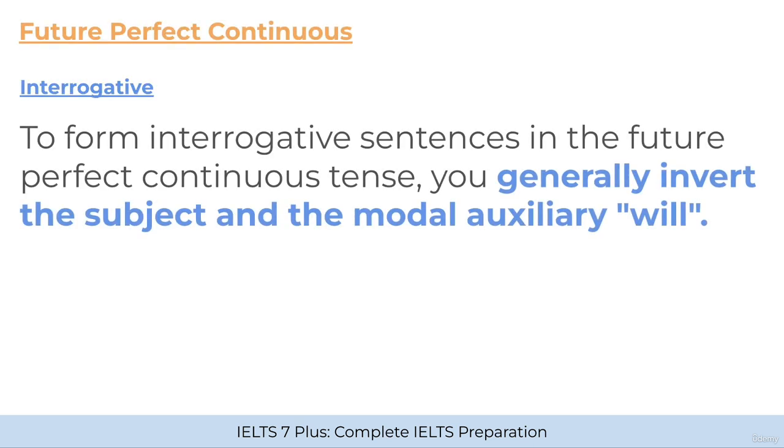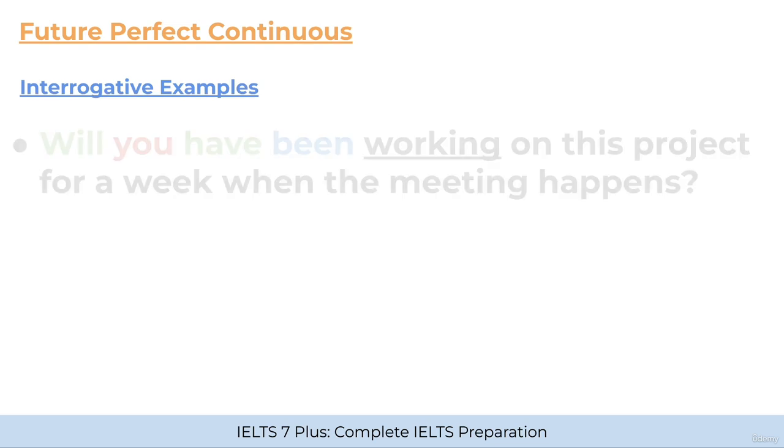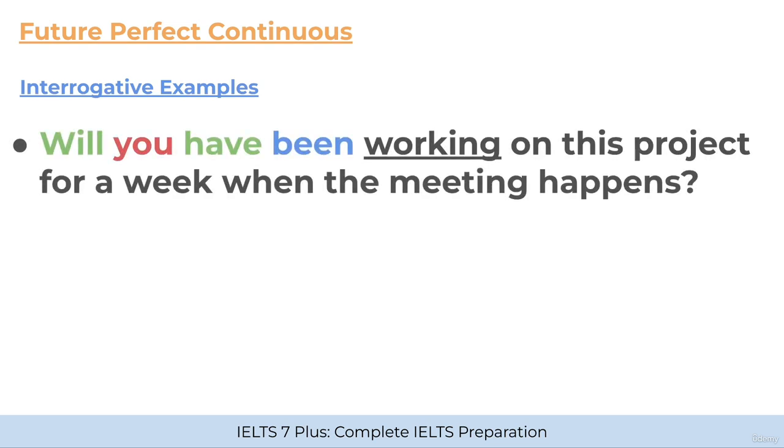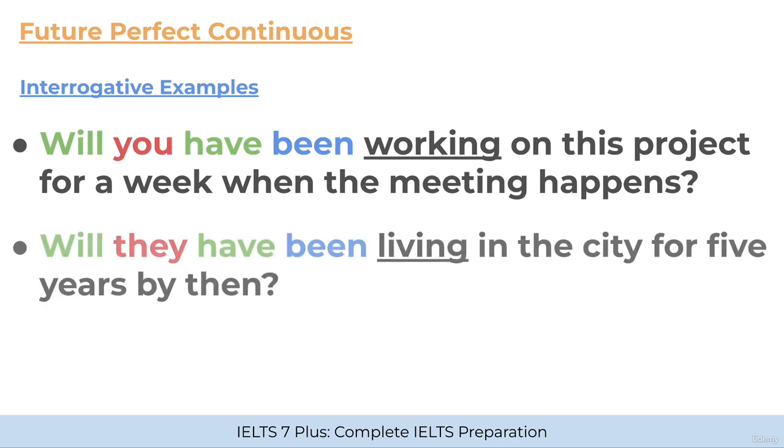Okay, so how do we form questions? Well, just like with the future perfect, we want to invert the subject and the modal auxiliary will. Let's have a look at this in action. Will you have been working on this project for a week when the meeting happens? Will they have been living in this city for 5 years by then?